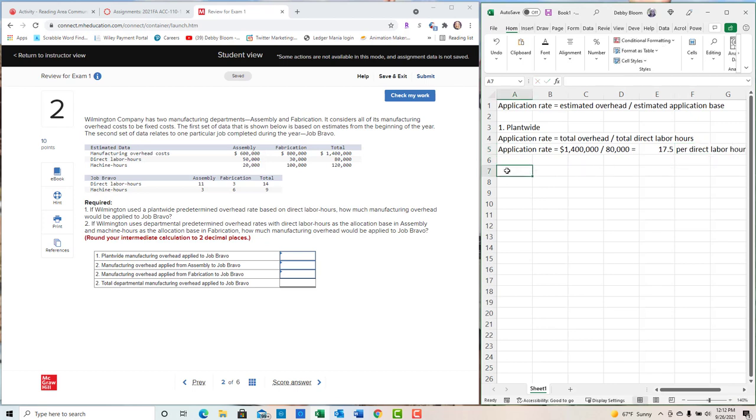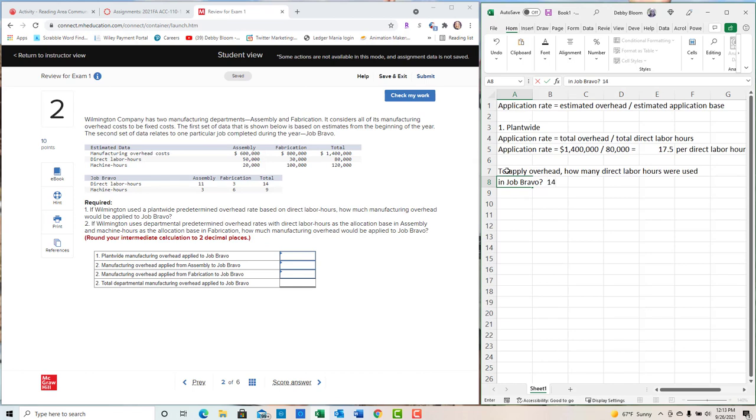Now that we know that, all we have to do is know how many total direct labor hours were done for job Bravo. And of course, the answer to that is 14, because once again, we're still just looking at the total direct labor hours.